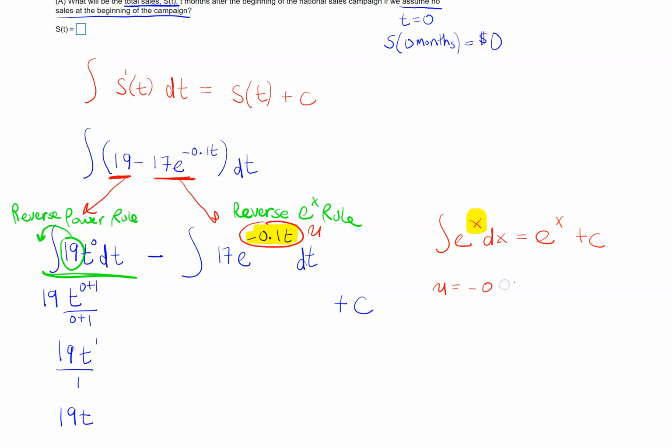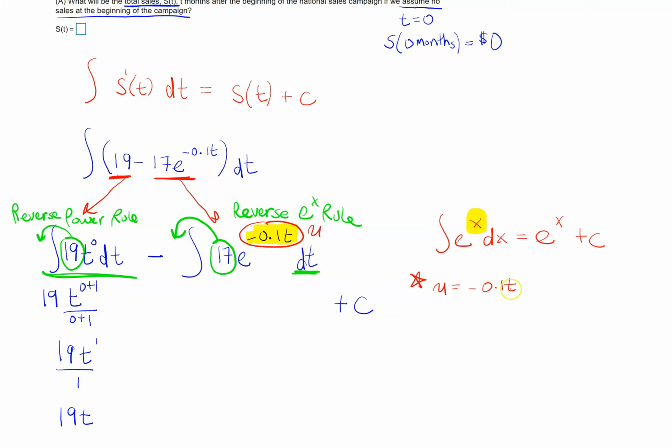And then I can pull that 17 out if I want. That'll help me match my template a little bit. Right, pulling that 17 out. But I need to convert this dt to something that has du in it. So I'm going to come back over here where I set up this rule. I'm claiming that u can now replace the negative 0.1t.